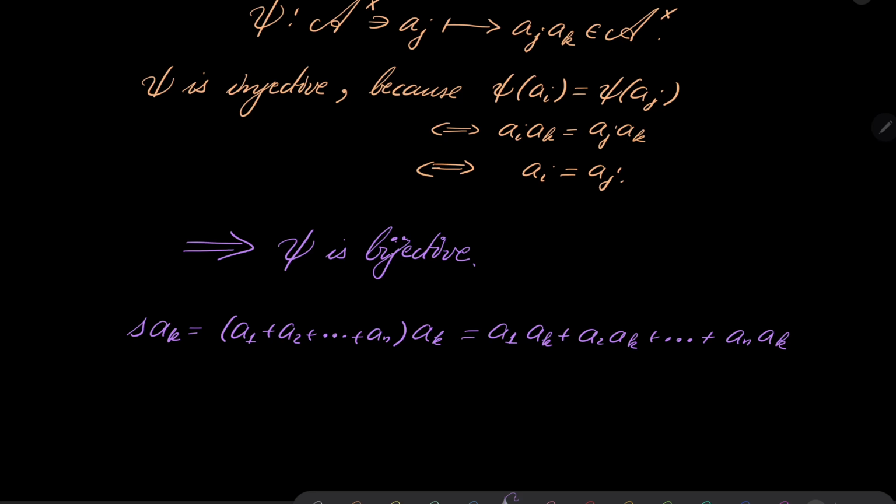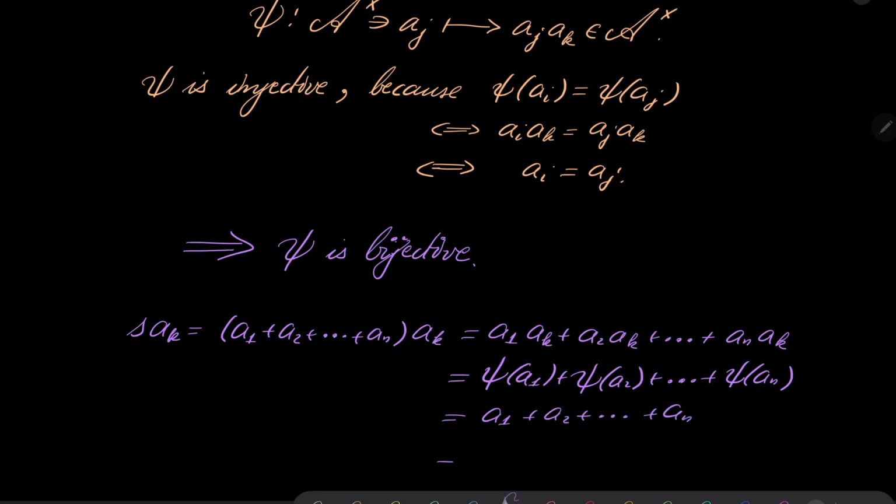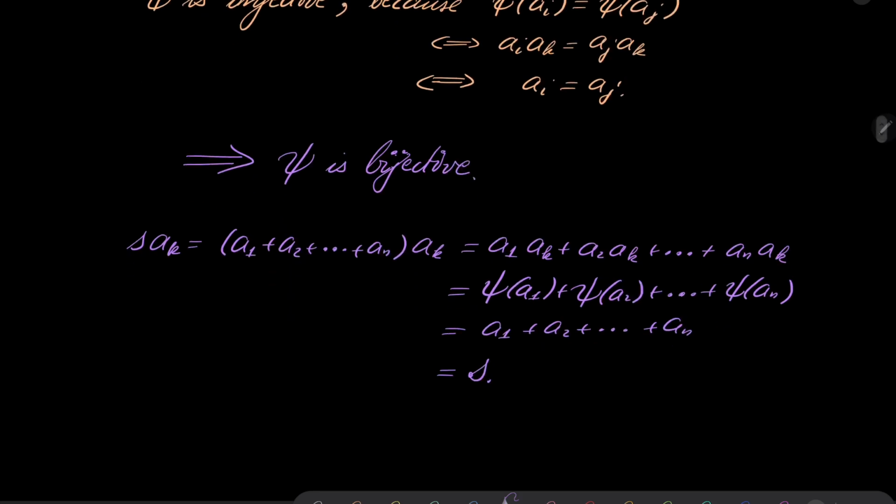They are just in different order, but the order of summation does not really matter because addition is commutative. Yes, so it's psi of a1 plus psi of a2, up to psi of an, which is exactly a1 plus a2 up to an, which is S, just summed in different order, which proves my claim.